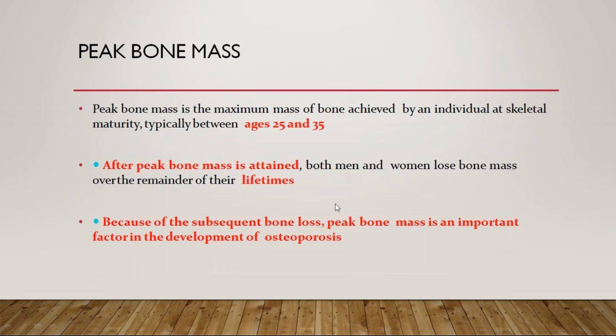Over the remaining lifetime, it won't go for peak bone mass again. Once the peak bone mass is achieved, after that it will gradually decrease. Because of subsequent bone loss, peak bone mass is an important factor for osteoporosis.